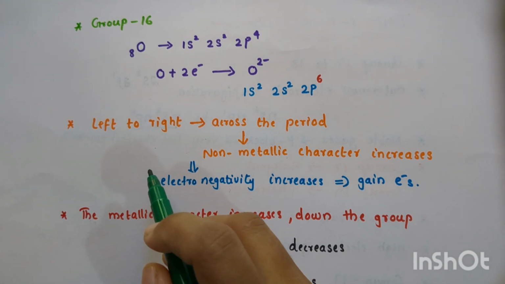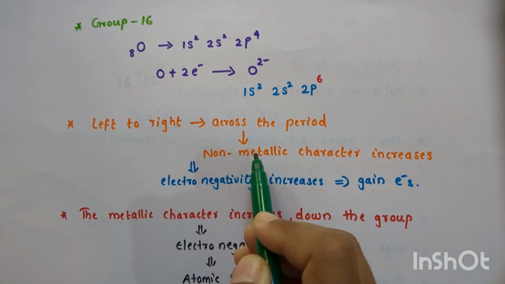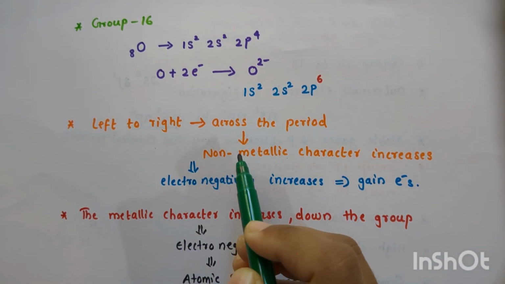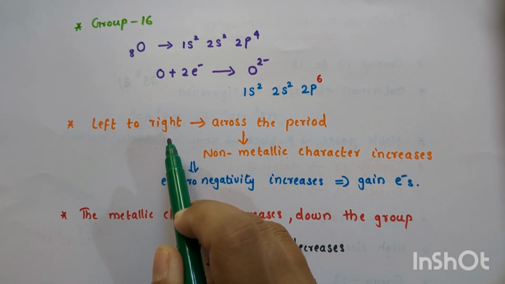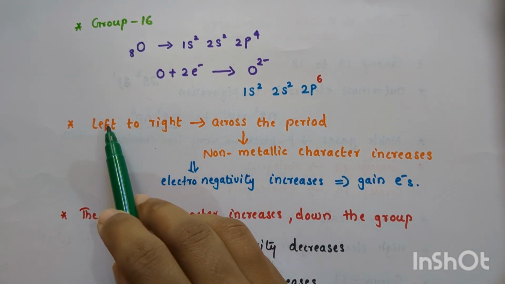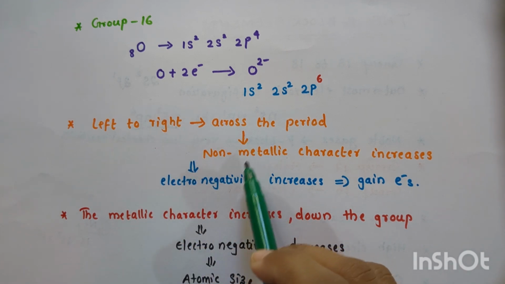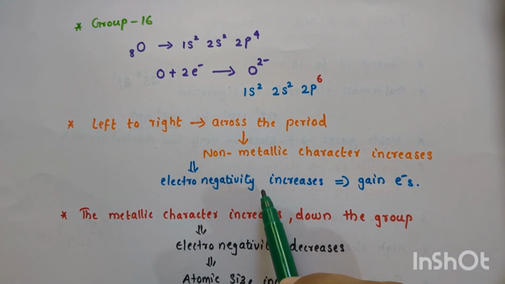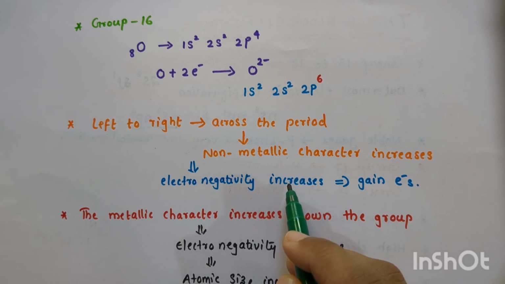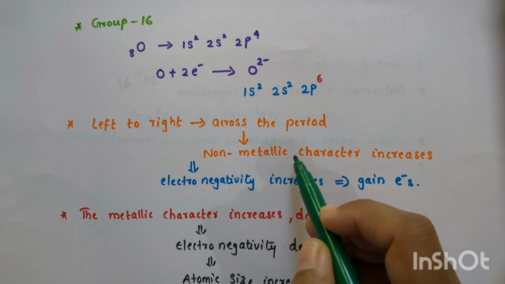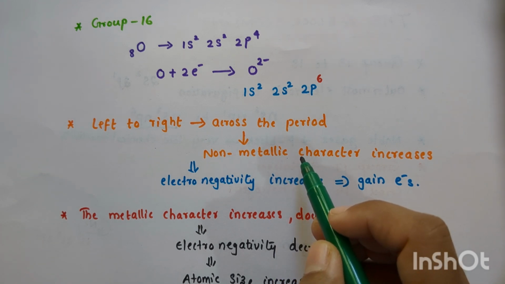The non-metallic character increases as we move from left to right across a period, because from left to right the electronegativity increases, and atoms become more likely to gain electrons, exhibiting non-metallic behavior.